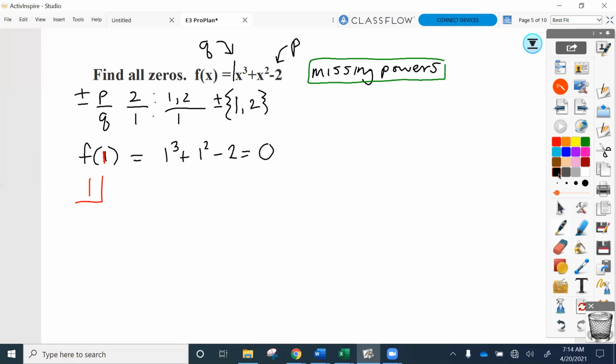The coefficient of x cubed is 1, the coefficient of x squared is also 1. We're missing an x to the first power, so we've got to put a 0 in for that. And the other constant is -2. All right, so now we're going to do synthetic division.